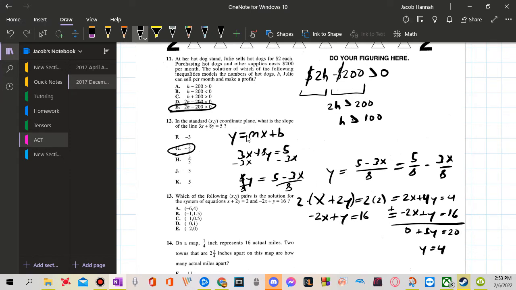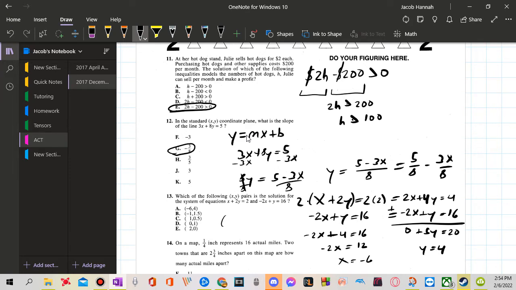So if you plug this back into one of these equations, let's do it for this one. Minus 2x plus y equals 4, so minus 2x plus 4 equals 16. Minus 4 on both sides. You have minus 2x equals 12 now. And x equals 12 divided by negative 2, which is negative 6.